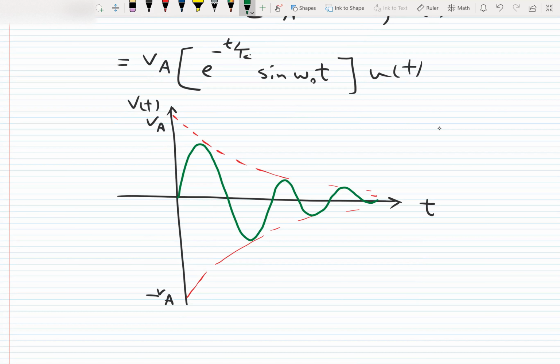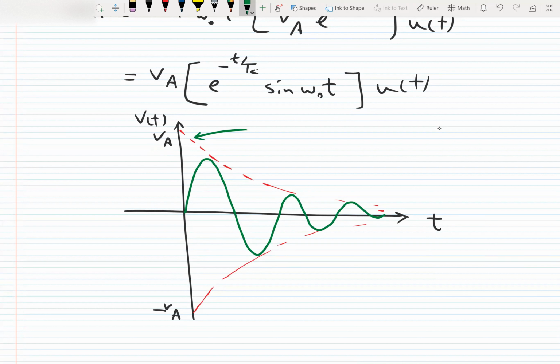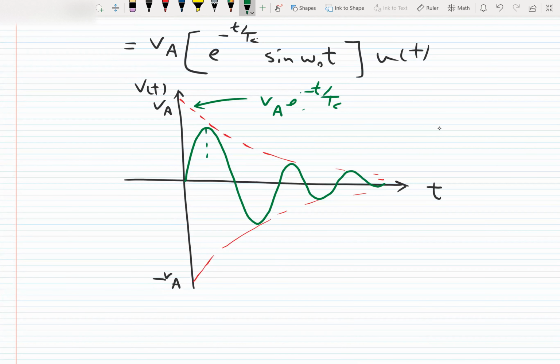And of course, this dashed red curve is VA e to the negative t over tc, which is multiplied by the signal. The maximum value of the signal here is 0.5 VA, and here is tc.